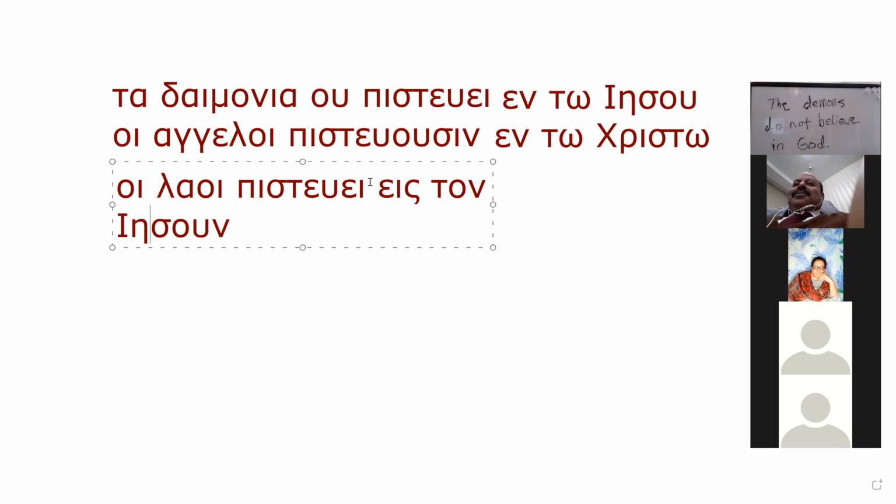The peoples are believing in Jesus. When in the Gospel of John, he wants to say that they are truly believing in Jesus, not just believing about him, that would be the dative case. That would be in to Jesu.